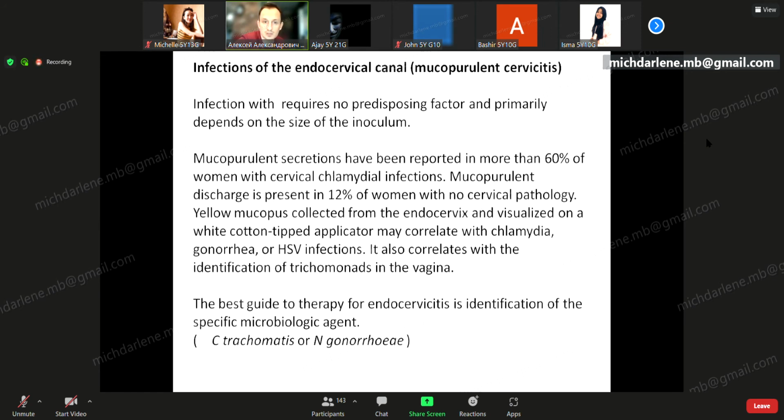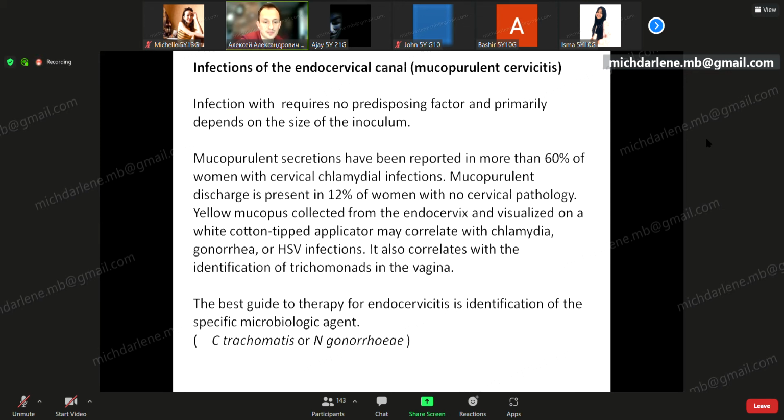How do we see it? Infections. Different microflora could be met. Take a look at that picture. Purulent secretion. Usually, in 60% of cases, it tells us that the female has chlamydia.